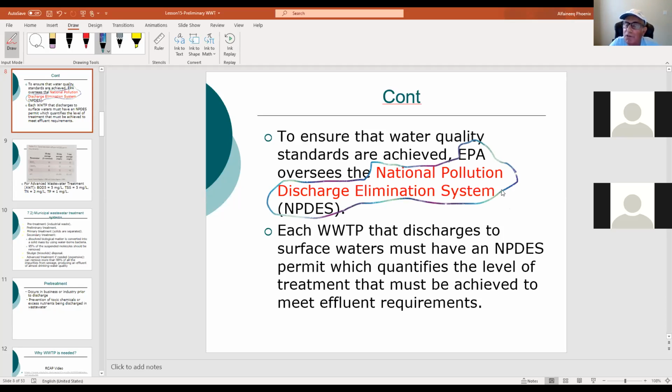They need to make sure that you are discharging quality water. This is required based on that permit, what you give them and what you agree with them. You tell them that you're going to discharge this quality of water: BOD, COD, nitrogen, phosphorus, and so on. You agree with them on these numbers, and they're going to inspect it from time to time.